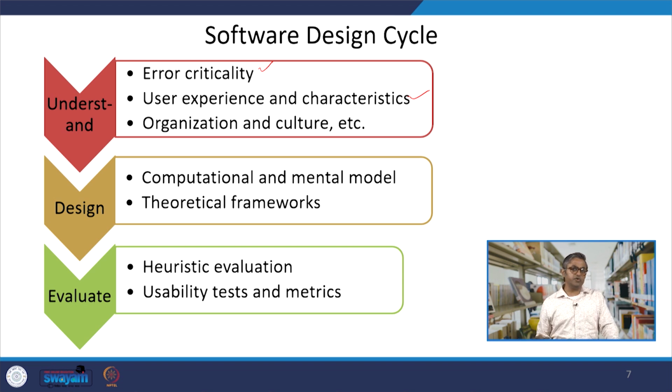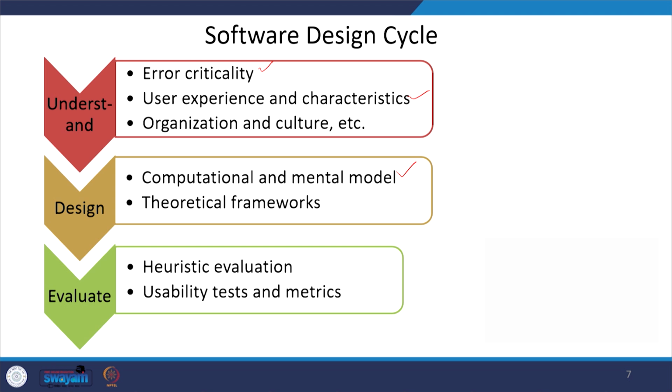And finally, we also have to understand the organization and the culture where we are going to apply this software. The second part is the computational and mental model. People are using several types of computational models, machine learning, to come close to the mental model. When the designer model is close to the mental model of the user, then the success of the design is very high.